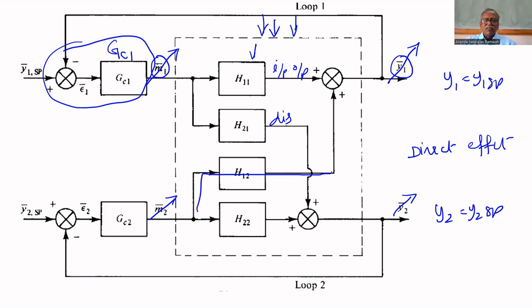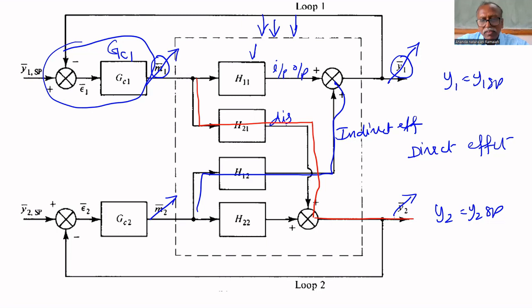Because of that, it will affect Y1 also. That is called the indirect effect. So two effects are there. One is the direct effect, that is M1's effect on Y1. Another one flows through this, M1 going to Y2.